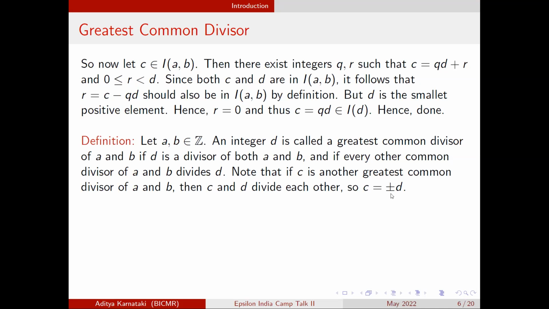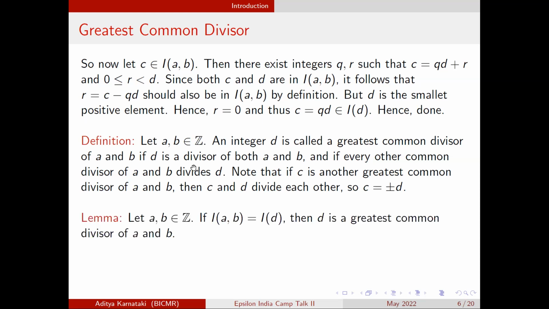So let A and B belong to Z, and an integer D is called the greatest common divisor of A and B if D is a divisor of both A and B, and if every other common divisor of A and B divides D. Note that if C is another greatest common divisor, then C and D divide each other, and so C must be plus or minus D. So the greatest common divisor is determined up to a sign. Later we'll choose the positive number as we usually do.